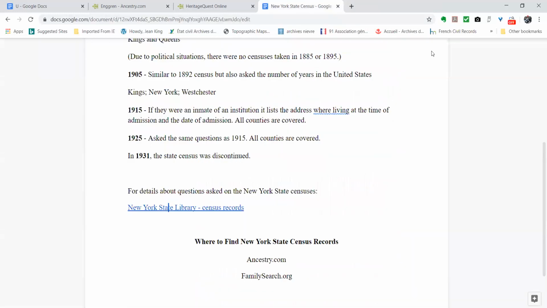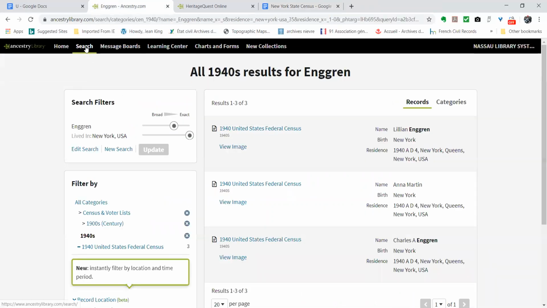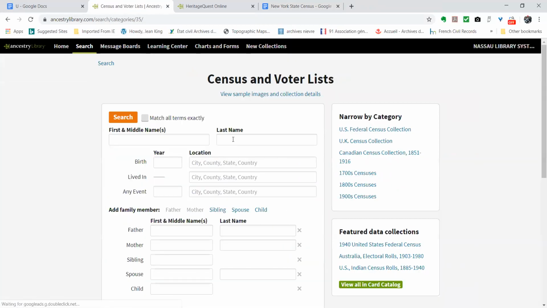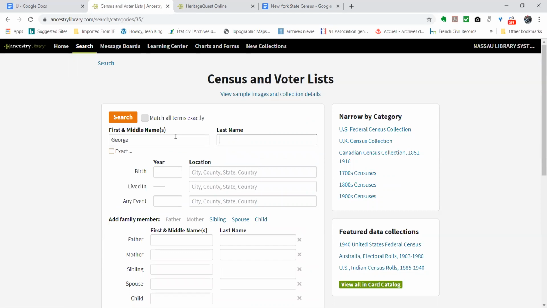So let me get off that. So I can go back here. And if I switch to a different set of relatives, I can bring up some of these older New York census records. Hopefully this will work.